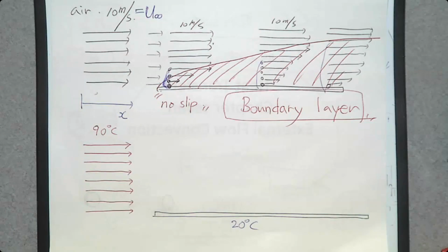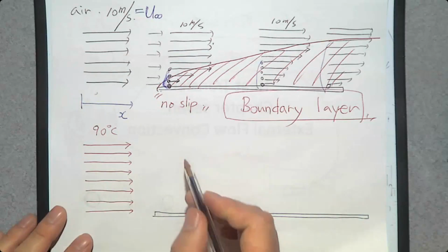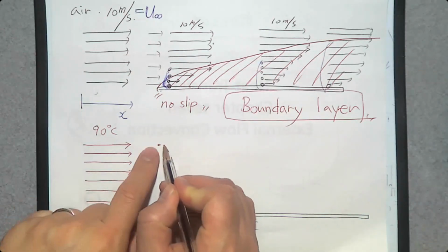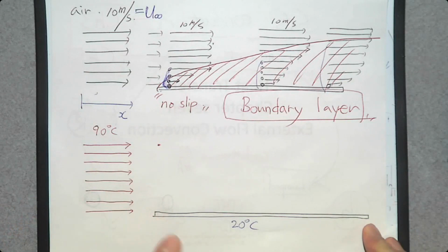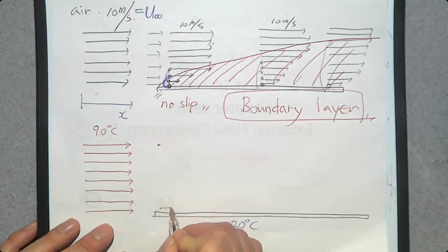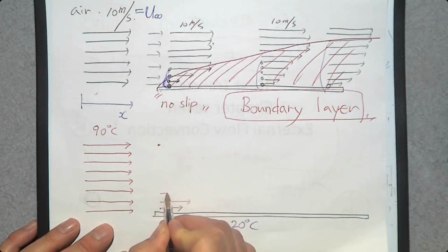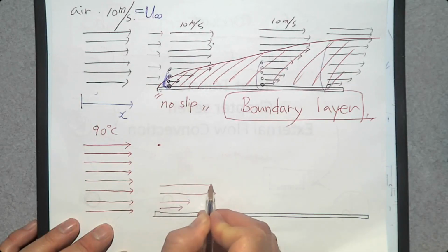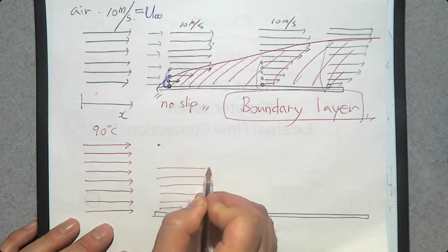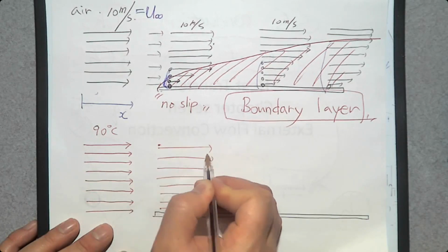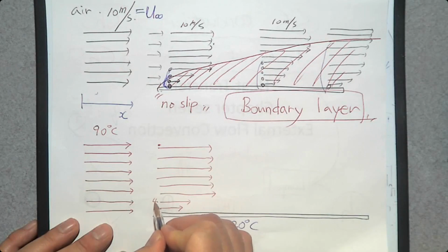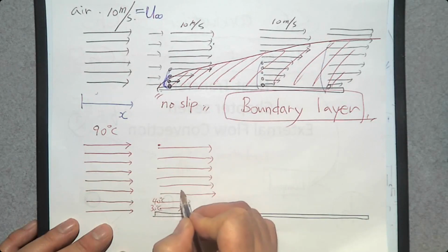Because of that, what happens? Do we expect the heat transfer directly from this particle to the surface? No, initially, the heat transfer takes place from the fluid right next to the surface. So right next to the surface, we have a decreased temperature about this much, but away from that, still 90 degrees Celsius. So here maybe you can say 40 degrees Celsius or 30 degrees Celsius, but here 90.